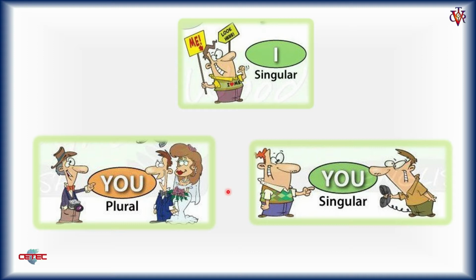Now, we have 2 different ones, you and you. One is singular and the other is plural. You have to be careful when you use them. Option number 1, it's when you are close to another person, one by one, and it is singular.